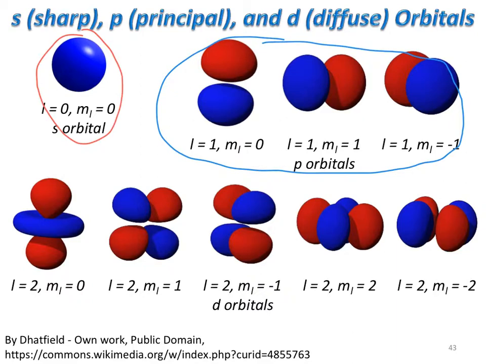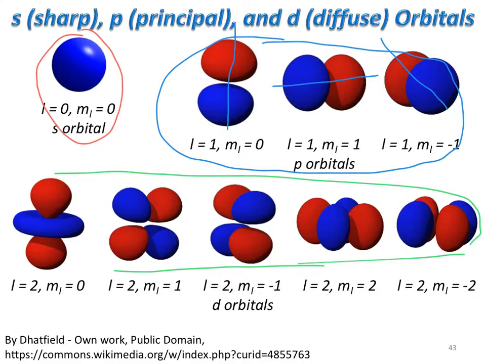They happen to be oriented along the x, y, and z axes. In the d subshell, there are 5 different d orbitals. As you can see here, 4 of the d orbitals have very similar shapes with 1, 2, 3, 4 lobes. And then there's, of course, this strange one over here, which has 2 lobes and this donut around the outside.